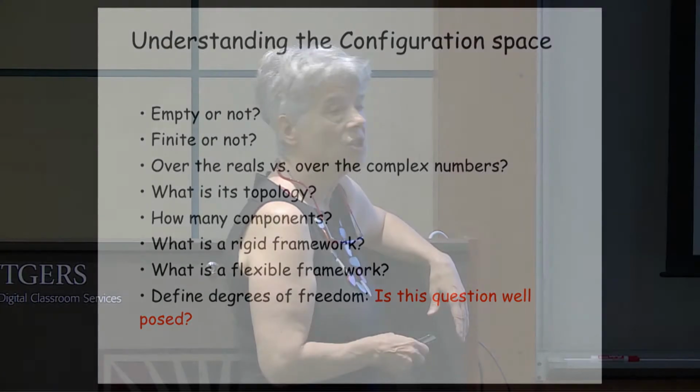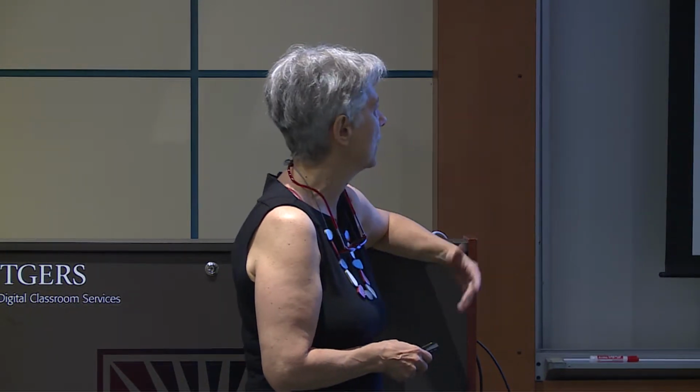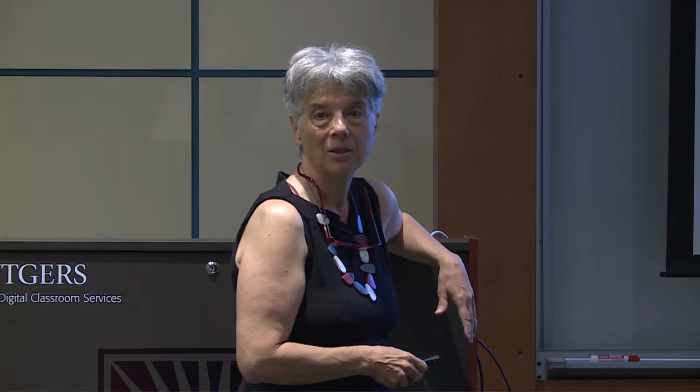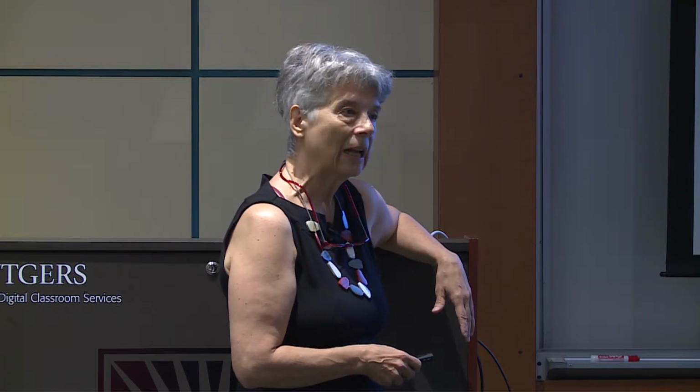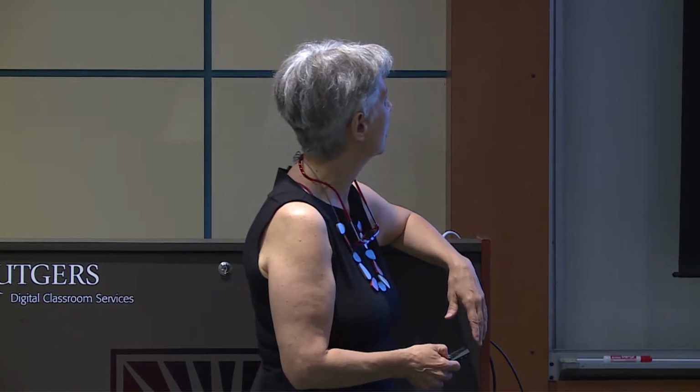And what is a rigid framework within this framework of definitions? What is a flexible one? And we would like to define these degrees of freedom. And I don't know, is this question even well posed? So we take this for granted, but I'll tell you that it's not to be taken for granted, actually. It's quite subtle from a certain point on.